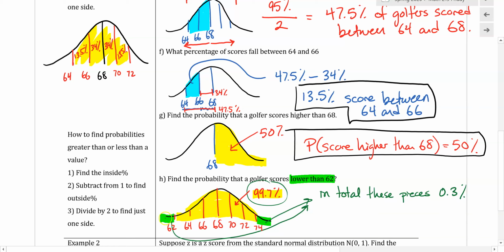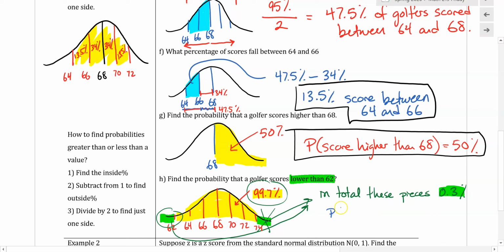Well, I'm not interested in landing in both of these locations. Aren't I just looking at being here only, right? I want to be strictly less than 62. So I'm not interested in this sliver. Doesn't that mean I should take this amount here that represents the total green area and cut it in half, right?